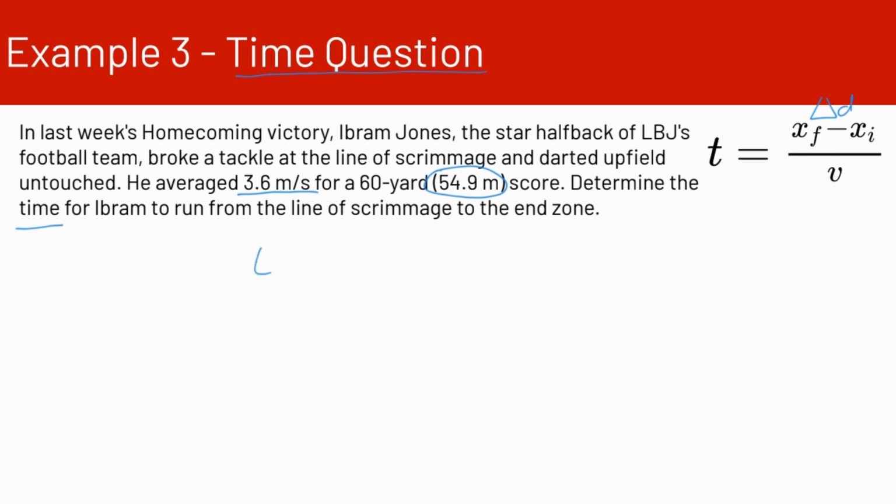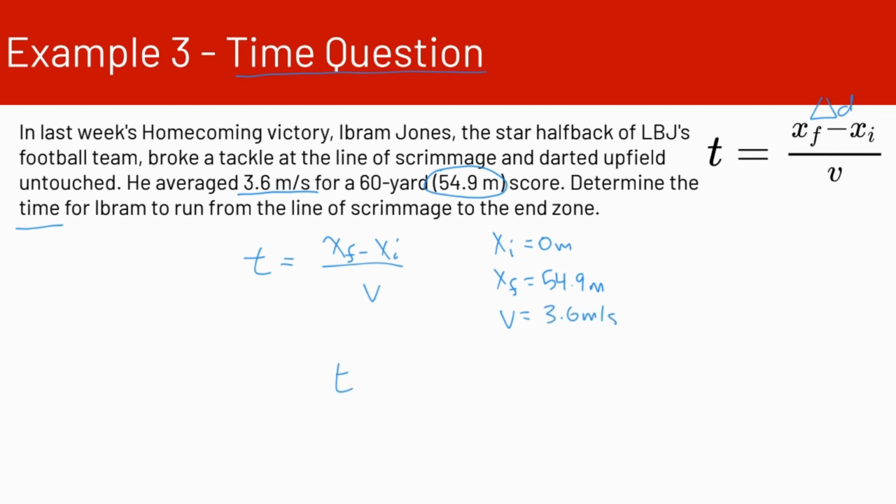All right, so our time formula is time is equal to x sub f minus x sub i, so the final position minus the initial position, divided by the velocity. Our initial position is equal to 0 meters. Our final position is equal to 54.9 meters. We can just set our initial position as 0. That's something that's nice that we can do in physics. And then our velocity is equal to 3.6 meters per second.